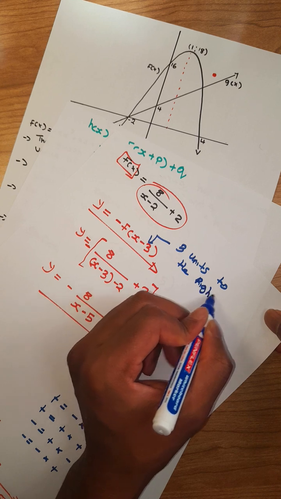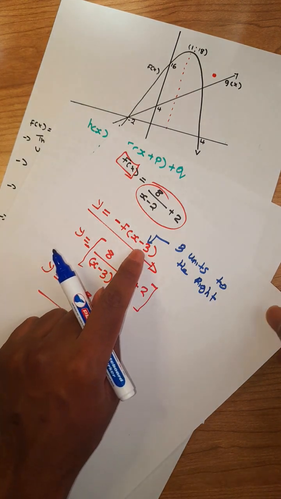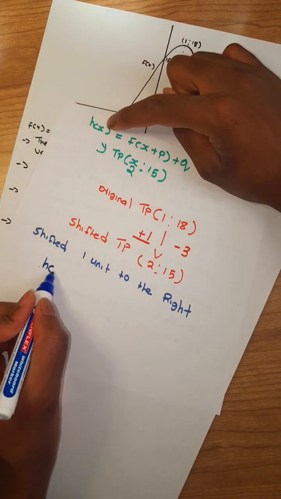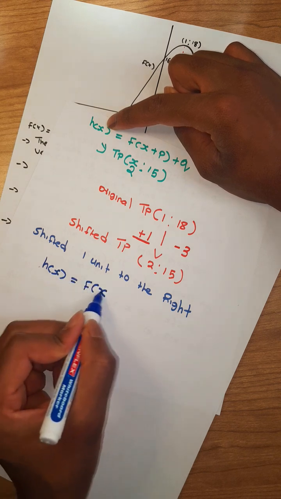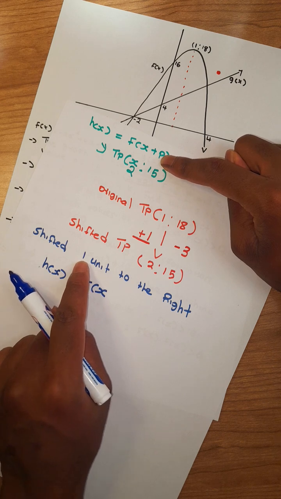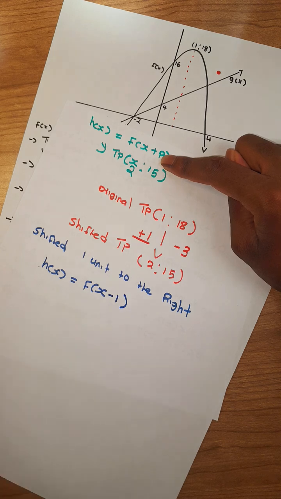So when we're shifting something to the right, we are going to have a minus. So within this value of h at x, f at x, where there is p, we're not just going to put a positive 1. It has to be a minus 1 in order for it to be shifted 1 unit to the right.